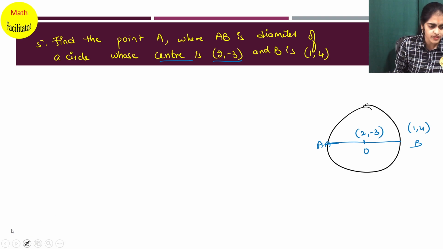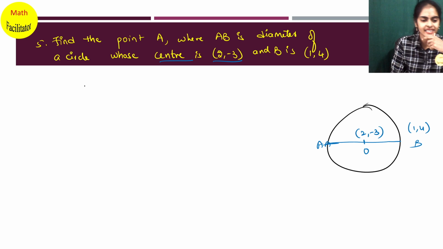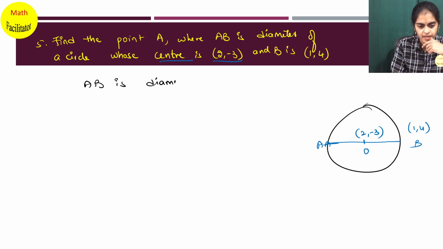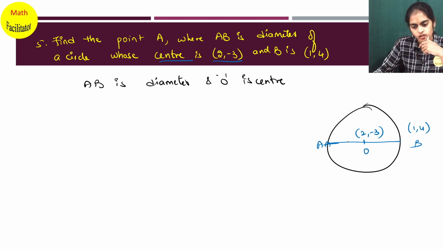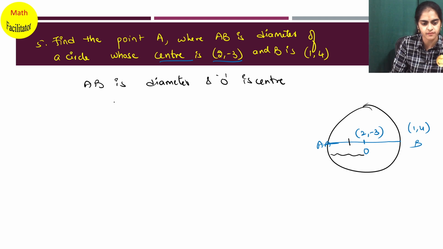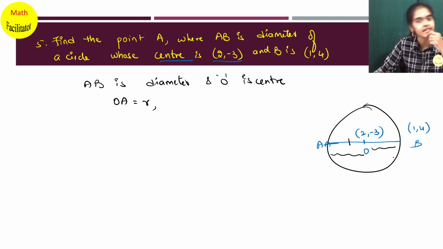Now, simple property of a circle, we know that AB is the diameter and O is the center. So can I write what is AO? Tell me what is AO. From the center to a point on a circle is called the radius. AO is the radius. Can you tell me what is OB then?